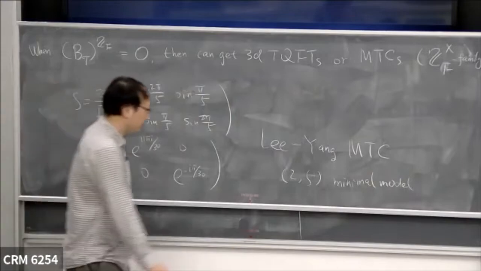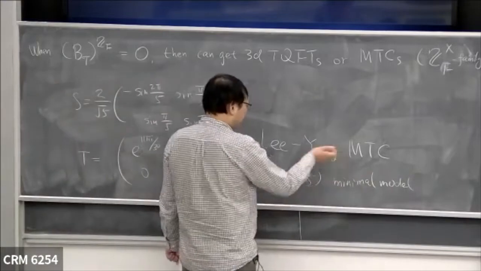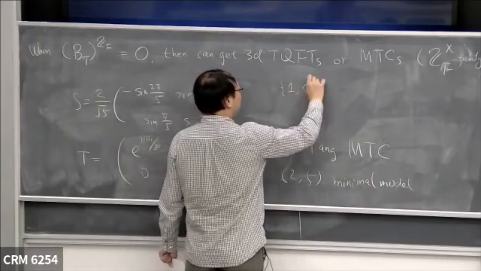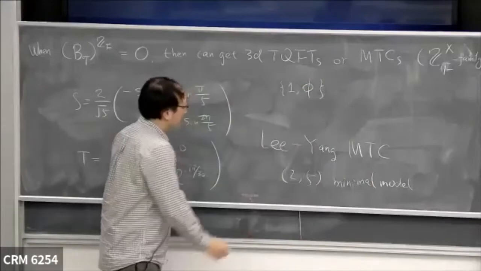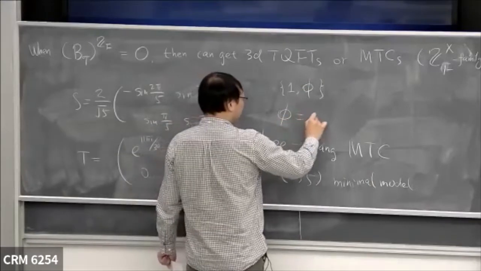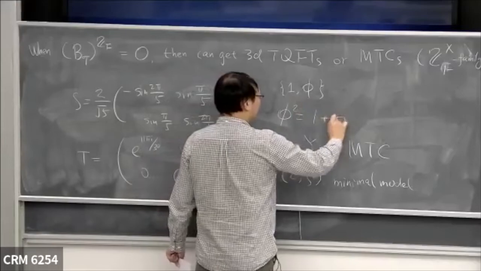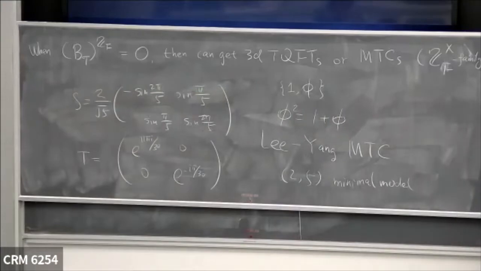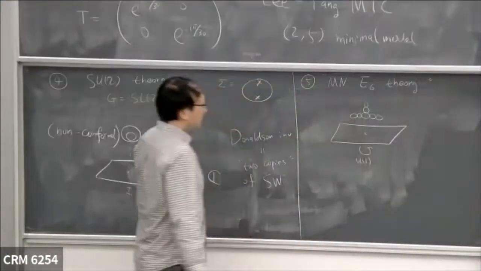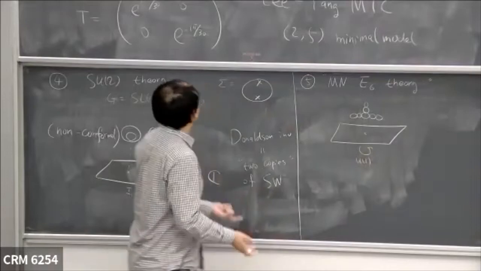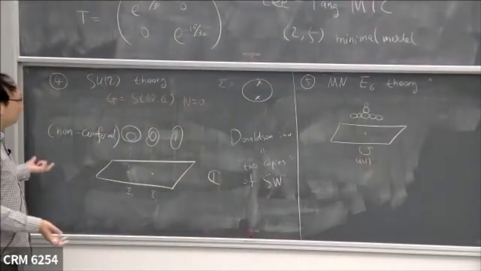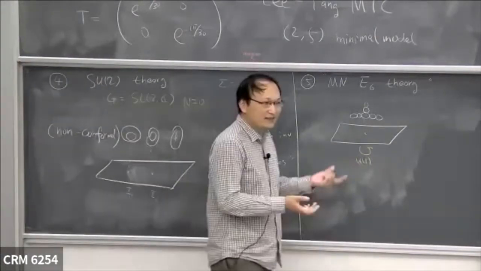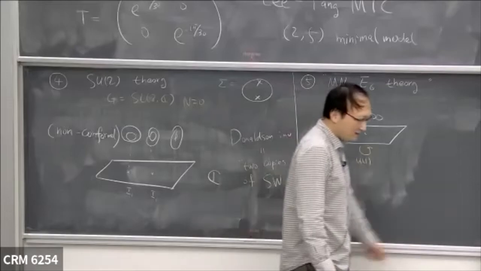So this MTC has two simples, so 1 and phi. And then the fusion rule is this famous Fibonacci fusion rule. So phi squared equals 1 plus phi. So in general, if I have some geometry, how can I figure out S and T matrices, and how can I figure out, let's say, the number of simple objects and what is the MTC that I should get?